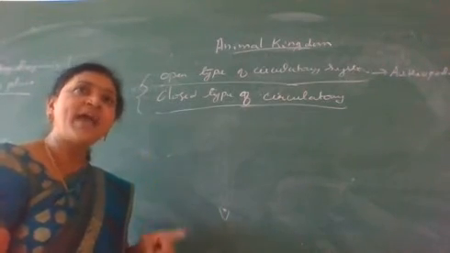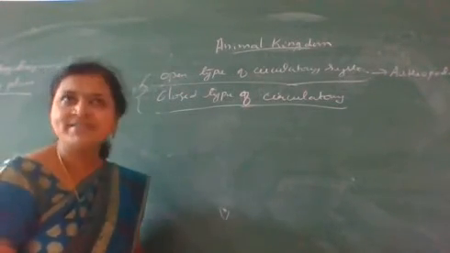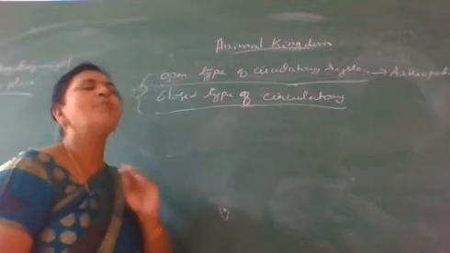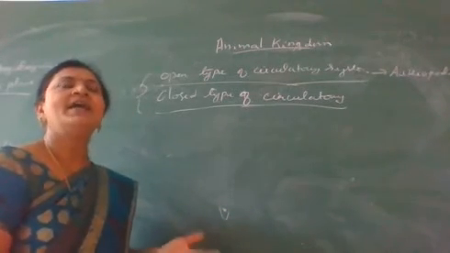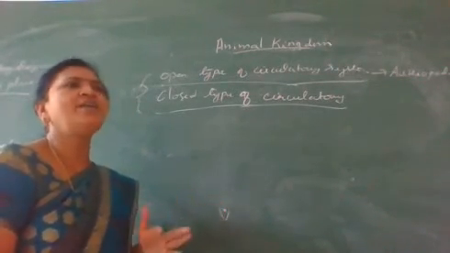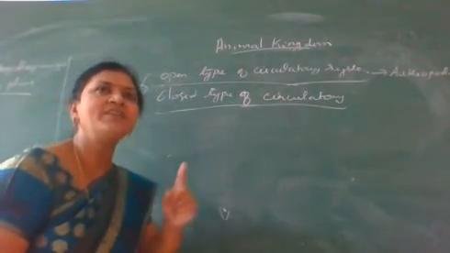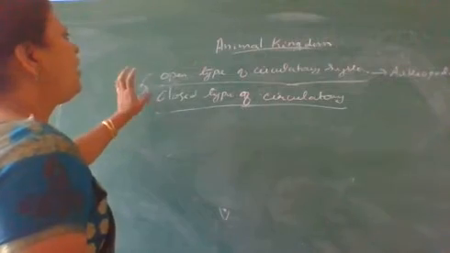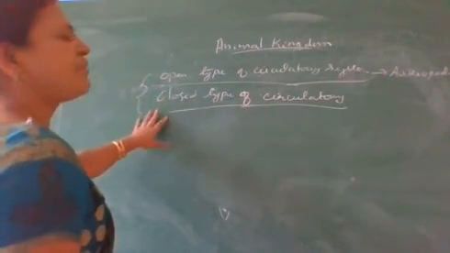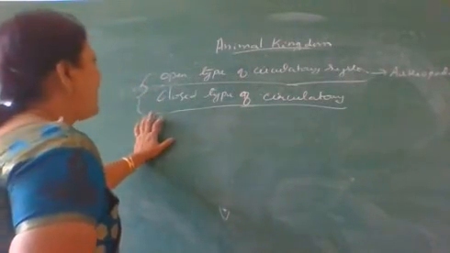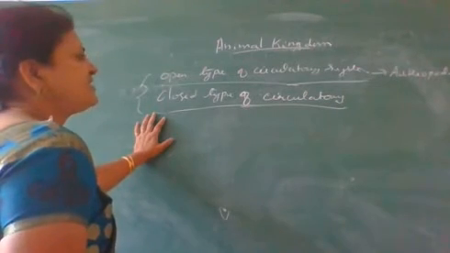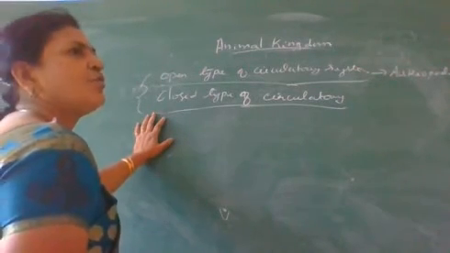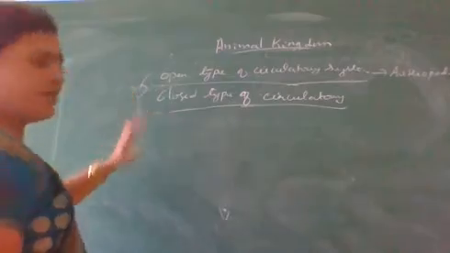The blood is carried by blood vessels, not through the body spaces. Here, the cells or tissues are not bathed in the blood. That is the difference between open and closed type of circulatory system, and closed circulatory system is seen in case of vertebrates.